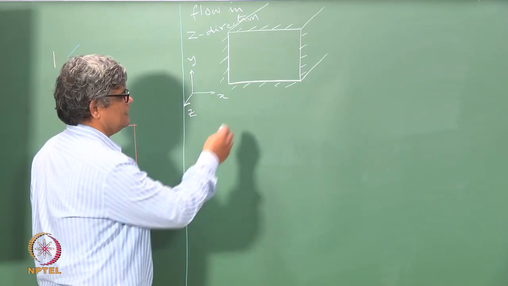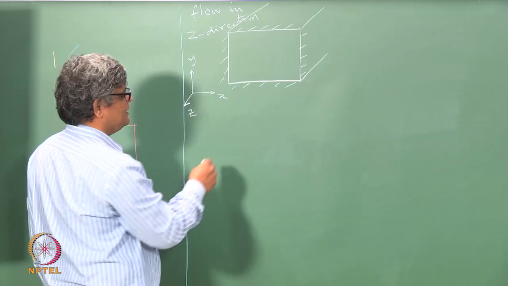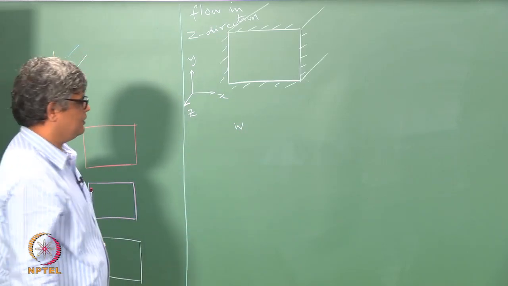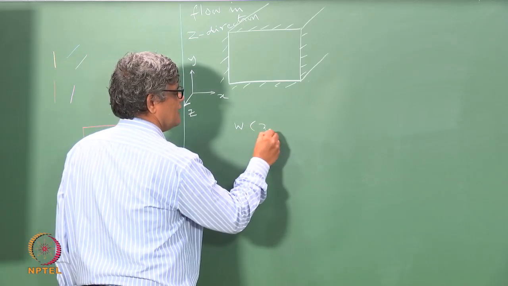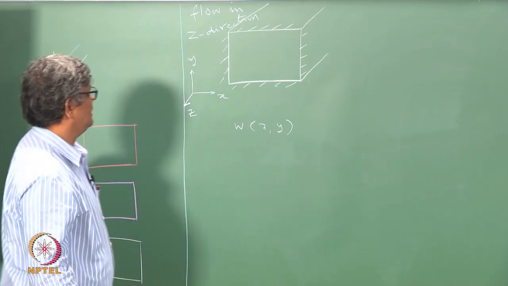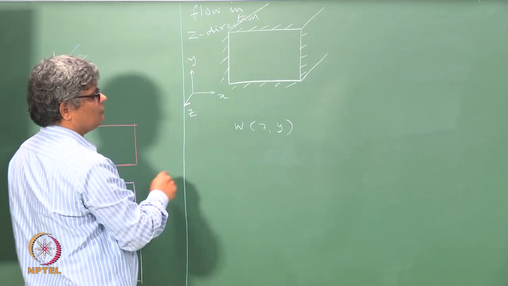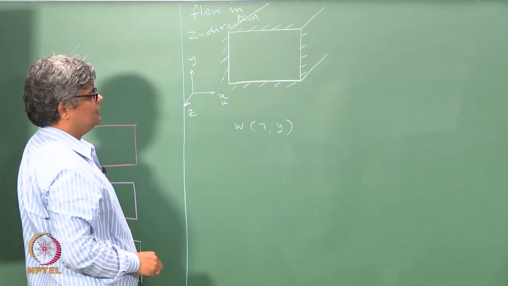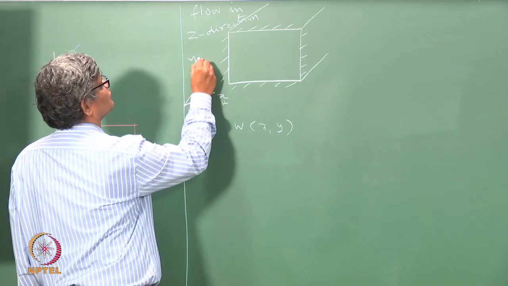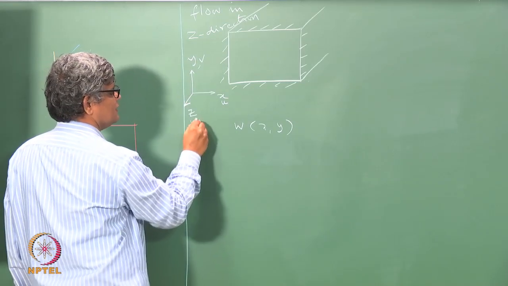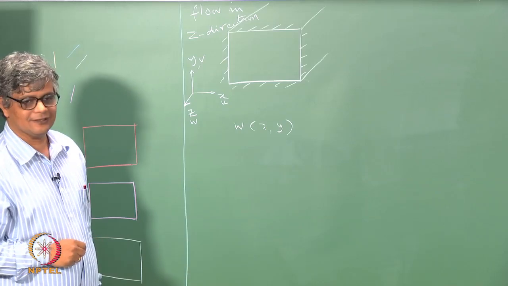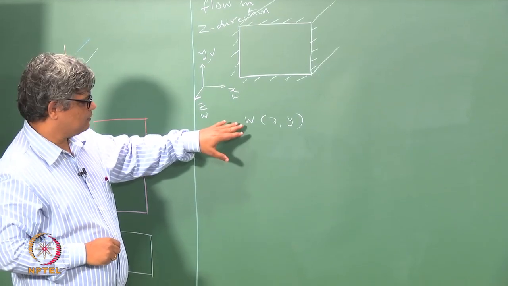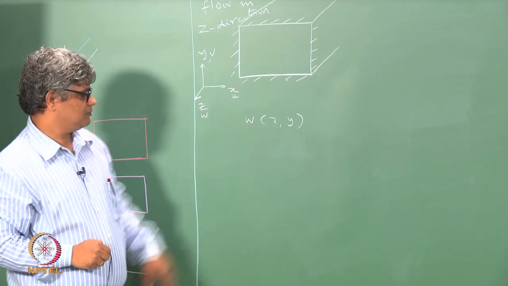So, we would like to say that prima facie in this particular case the velocity component in the z direction w is a function of x and y. Okay. So, if you consider this Cartesian coordinate system, associated with each of this you have a velocity component u, a velocity component v and a velocity component w in the z direction. And what we are interested in is how does velocity component w change with x and y.